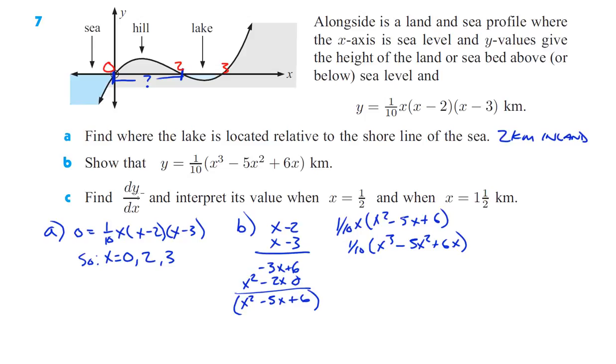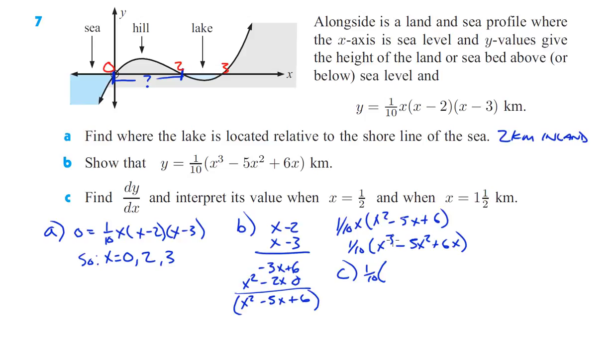And then part C says find the derivative and interpret its value when x equals a half and when x equals 1.5. Okay, so here is our function. So we're just going to take the derivative of this. Now we have this 1/10 out front. We can just leave that 1/10 out and just take the derivative in here.